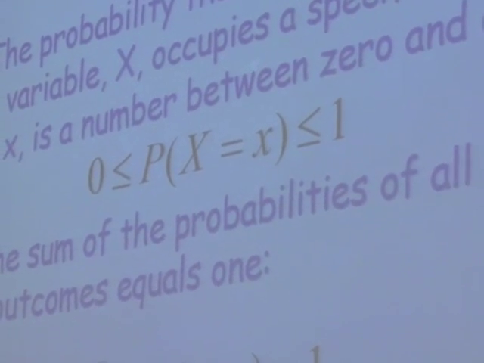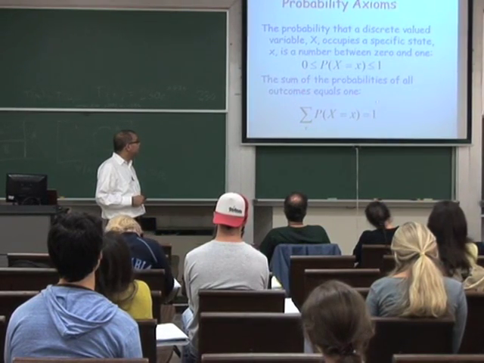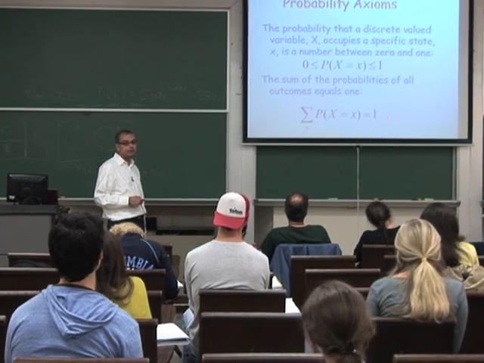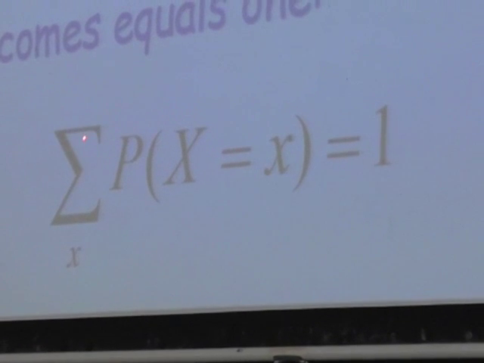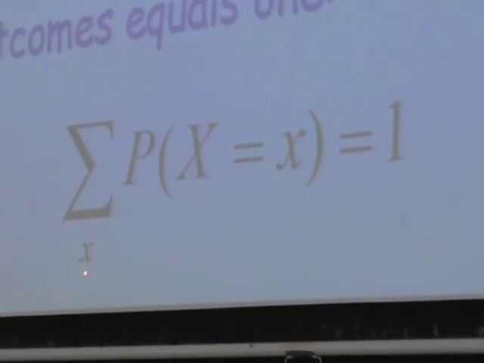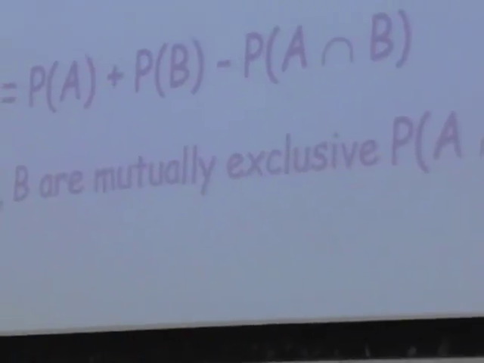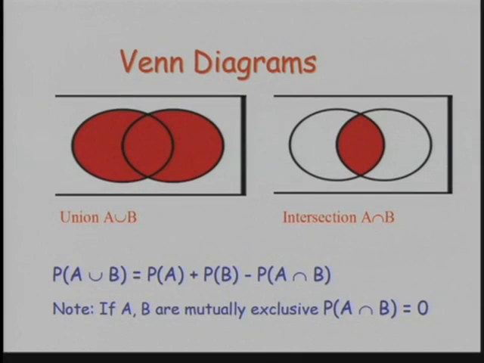It can't be a negative number. The sum of all those probabilities for all possible values of x has to be equal to 1. Is everyone familiar with this notation, sigma, over all possible values of x? Okay.